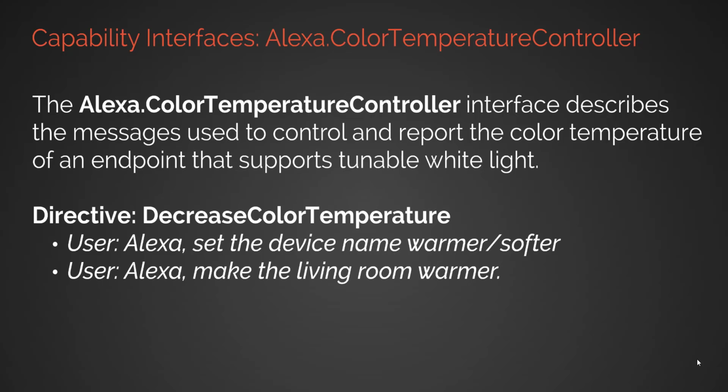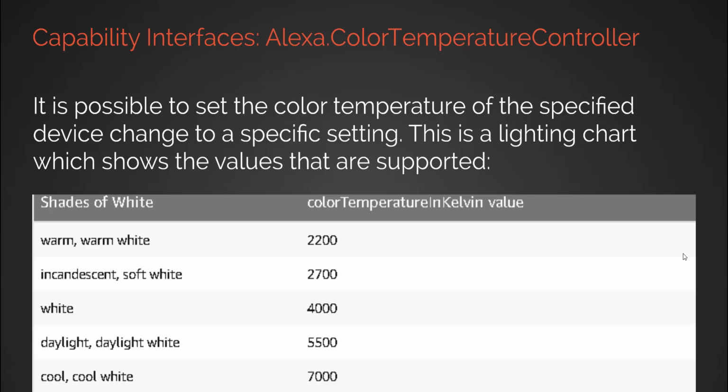When we use the term warmer, it will make it brighter. If we say softer, it will dim the light, relative to the current brightness level. Remember we said we could use a specific value. Here is a chart to help you grasp the idea of warmer or softer and what that looks like from a numerical value.